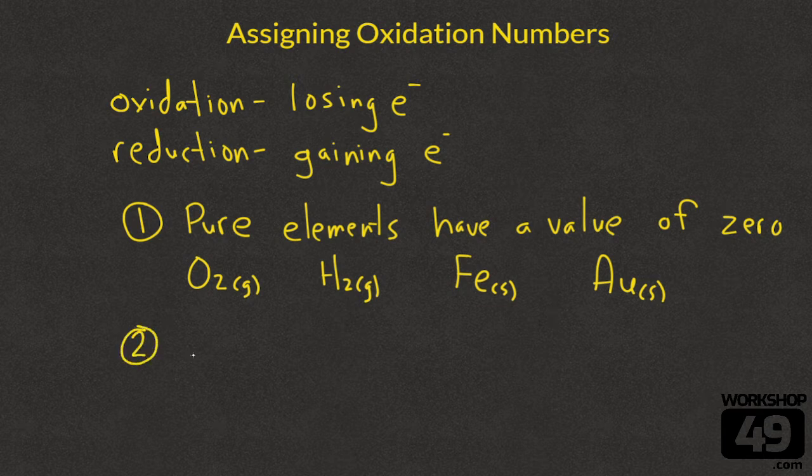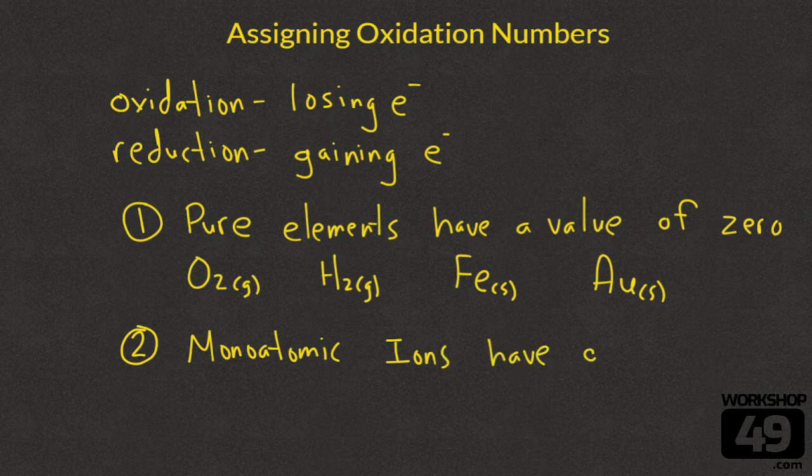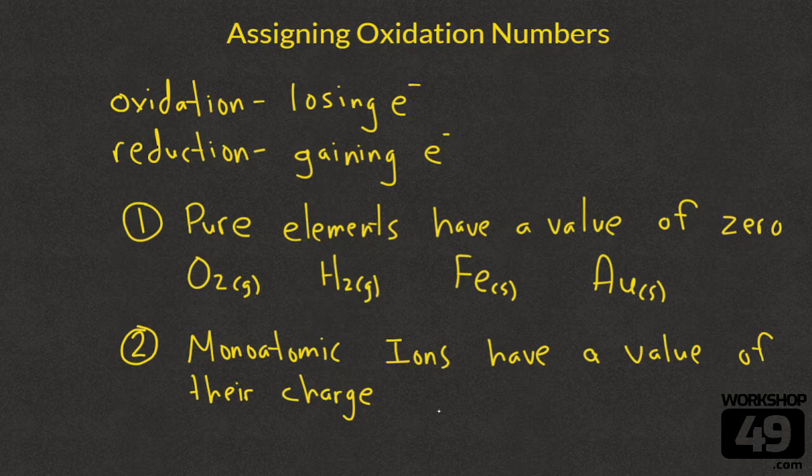Number 2. Monoatomic ions have a value of their charge. Some examples would be sodium plus, that's +1.